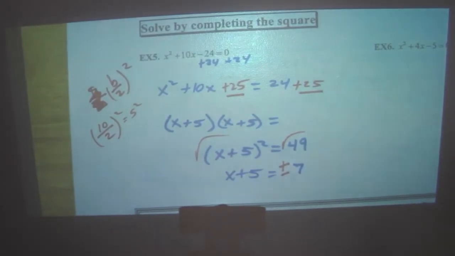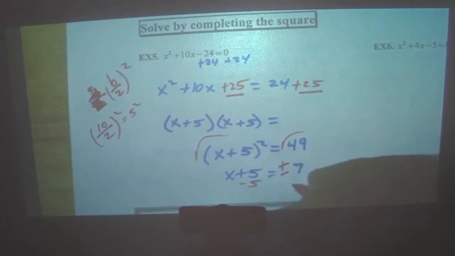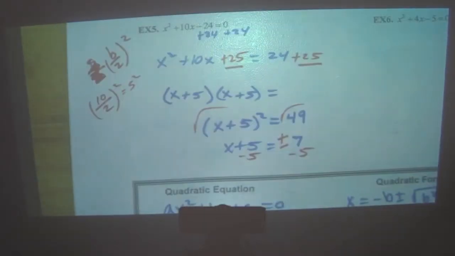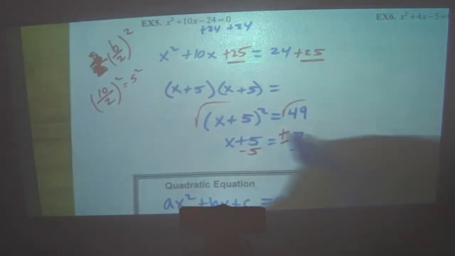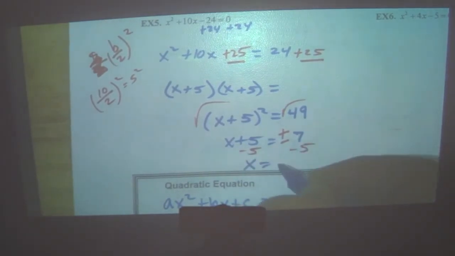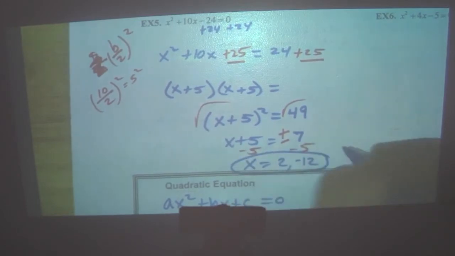Right? And then last but not least, we go ahead and subtract that 5 over. Final answer: 7 minus 5 is 2. Negative 7 minus 5 is what? Negative 12. Boom.